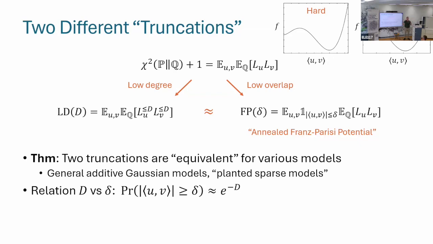So higher degree captures more and more powerful algorithms. And similarly here for the delta, as you take delta larger, this is capturing more and more powerful algorithms as well. And here's the way that these two should be connected.